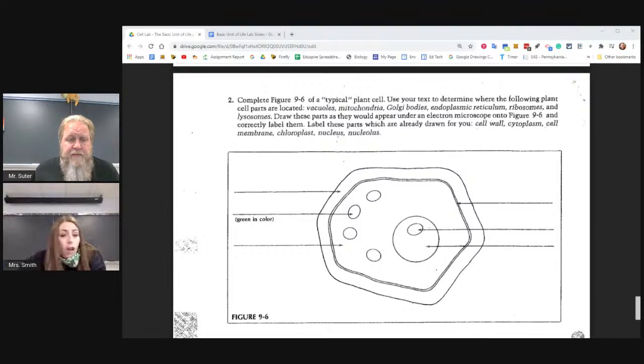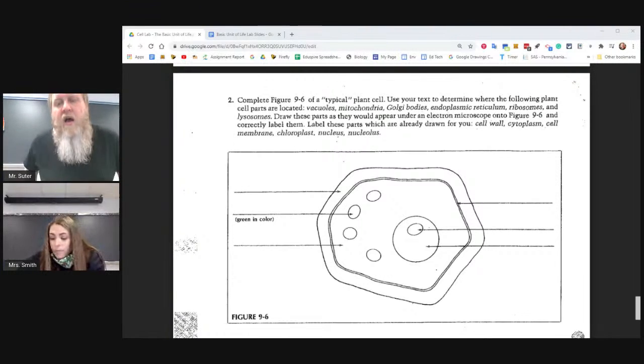If you followed along with us, then you're not going to take the time now to go and finish the lab. You just did it with us. So now you can take a couple of minutes, take that cell parts and function quiz, and then there's a vocab quiz, and that completely finishes up the cell unit. Then you're done. So any questions in the chat? Anybody want to put anything in the chat?